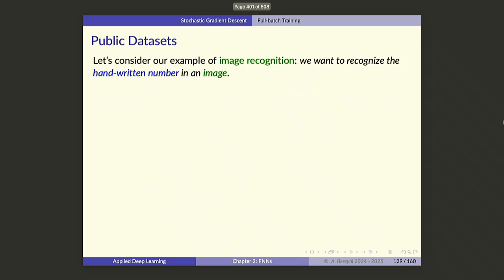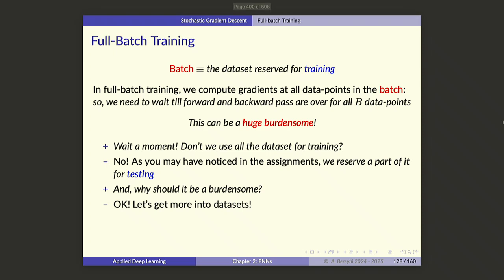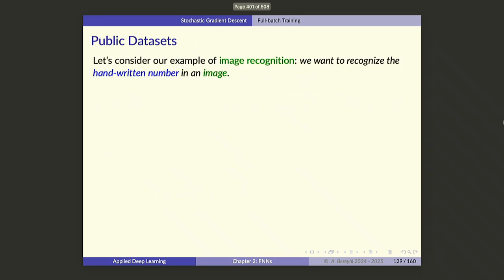Now, you might wonder how big this could be and how hard this could be to do in practice if I want to do the training, okay? So let's look at a few public data sets. I mentioned MNIST a couple of times in the lecture. There are a bunch of data sets which we call public data sets, meaning that a bunch of people wanted to do research on the same things that we are doing right now.